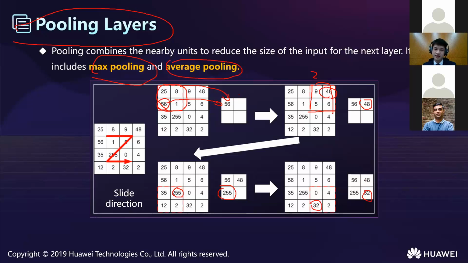So we can get a smaller feature map by the pooling layer. Do you agree? If the stride is 2, so we always use a stride bigger than or equal to 2. So we can get the smaller feature map. That means we extract the features in the image.